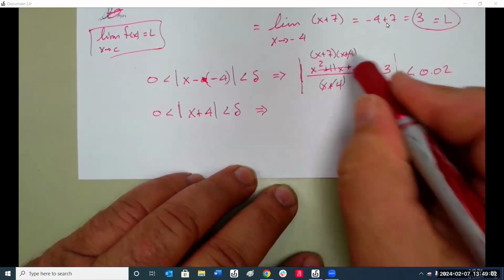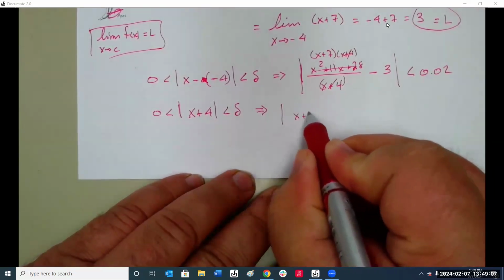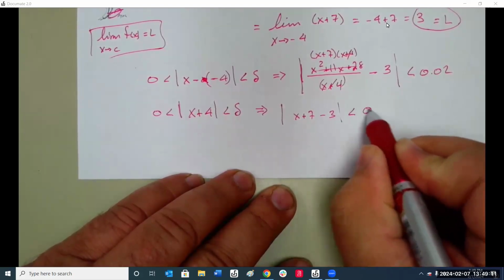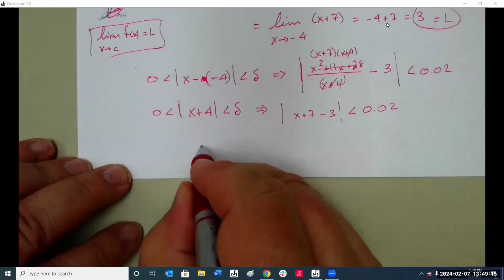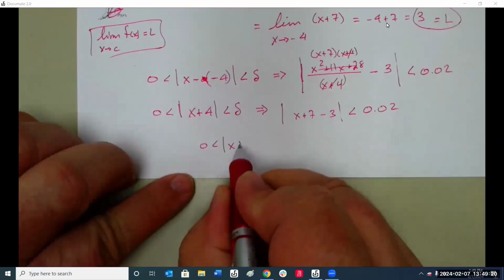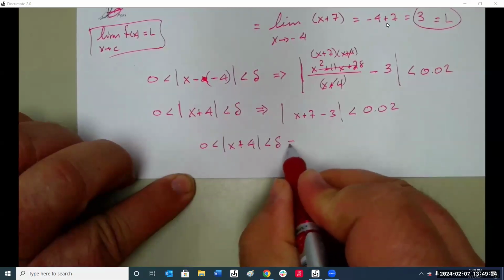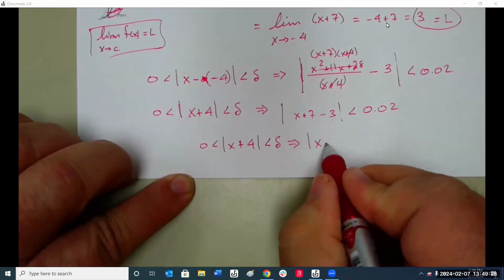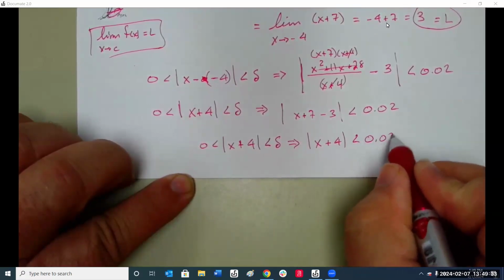The x plus 4's cancel, so we have left x plus 7 minus 3 is less than 0.02. The absolute value of x plus 4 is less than delta implies that 7 minus 3 is 4, so x plus 4 is less than 0.02.